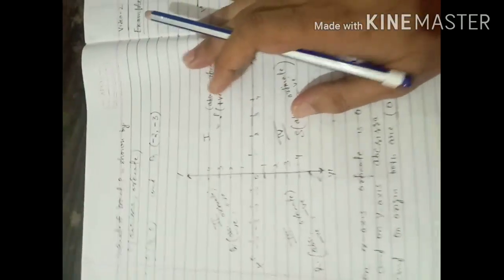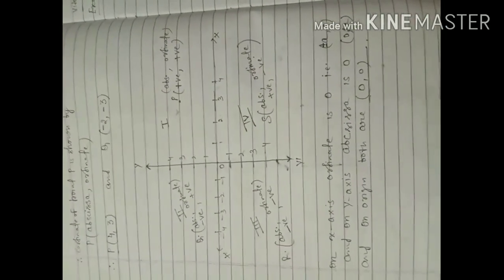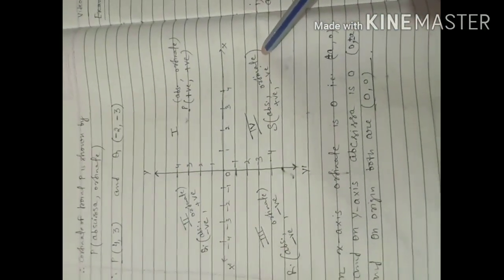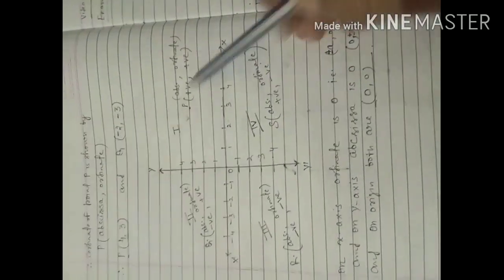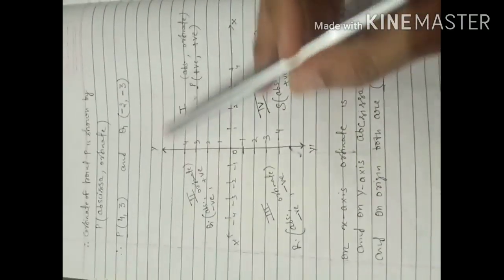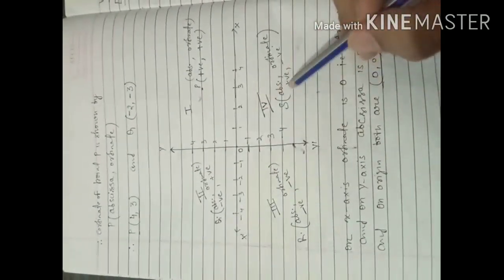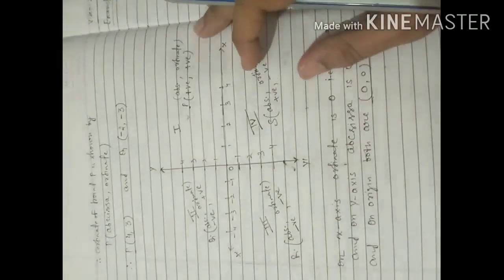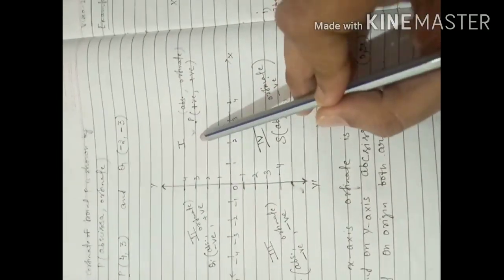Now let us move on to quadrants. See here, in this figure we have coordinate axes. This is our xy plane, and this xy plane is divided by the coordinate axes into 4 parts: 1, 2, 3, 4. Quadrant 1, quadrant 2, quadrant 3 and quadrant 4. Now see, let us take the first quadrant.